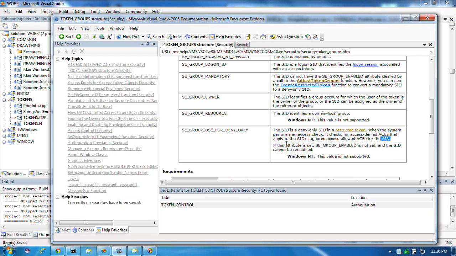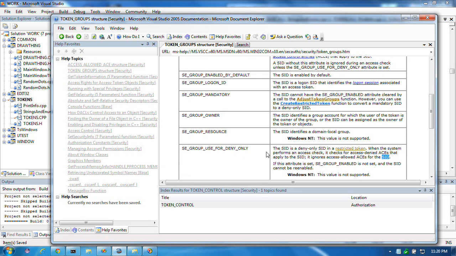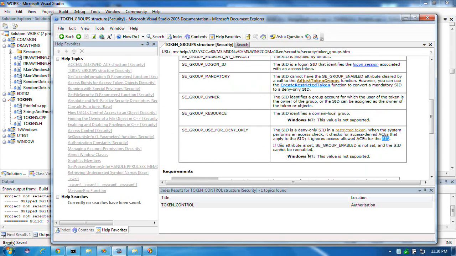Now, I got confused by this because I wasn't sure which SID it's talking about. Is it talking about the primary security identifier of the owner, the trustee's thing, or just this group, or what?